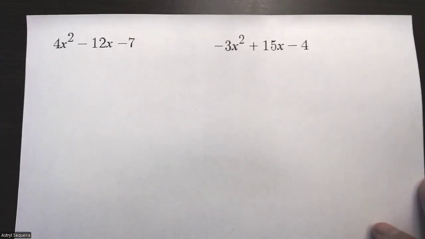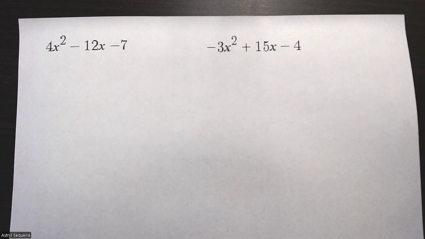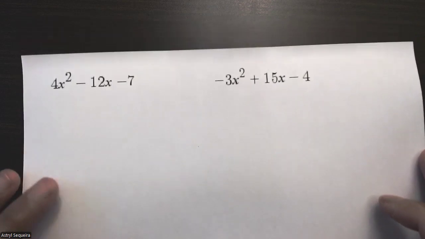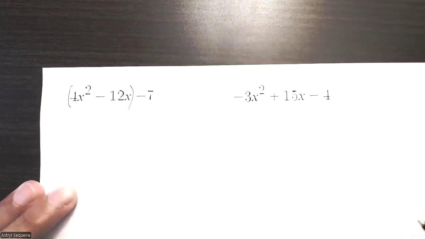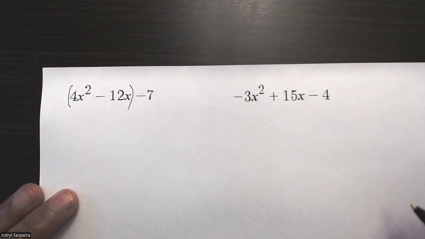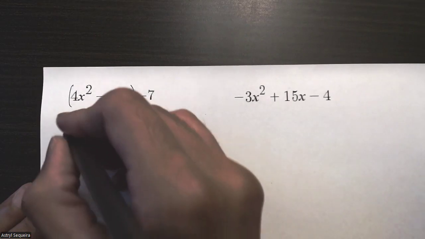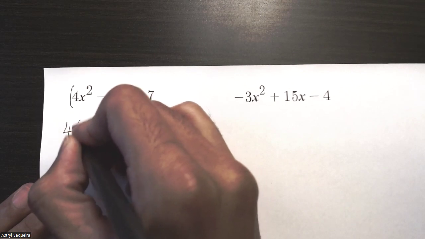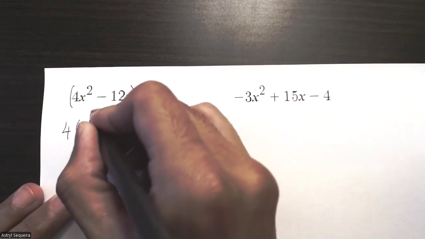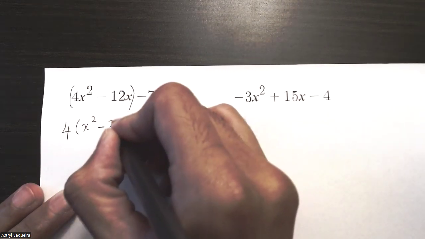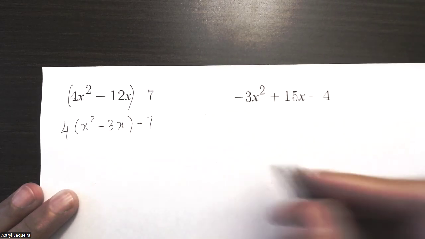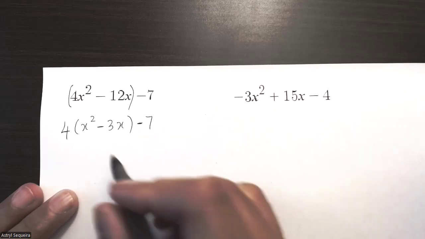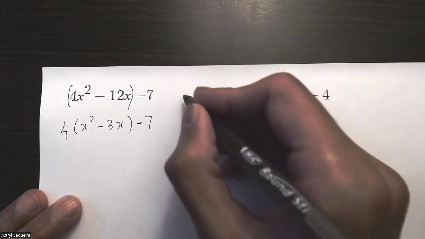Let's go to the third and fourth question now, which are slightly harder than those first two questions. Take a look at the third question here. I'm going to start by bracketing my first two terms. Then I can common factor out this 4, and I'm left with x squared minus 3x minus 7. Then I need to find my magic number.